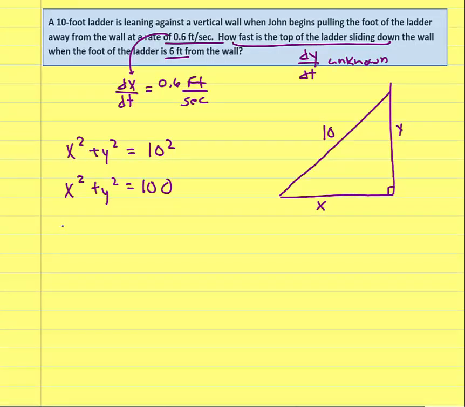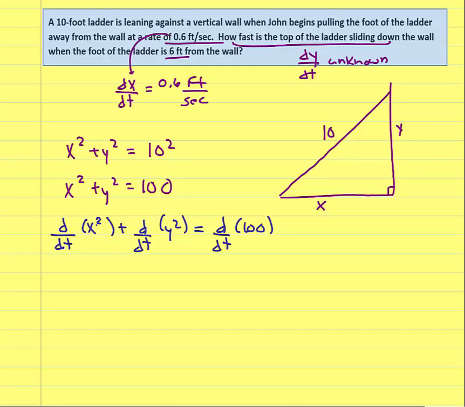So I want the derivative with respect to time of x squared plus the derivative with respect to time of y squared equals the derivative with respect to time of 100. Now really I'm just taking the derivative of both sides, but that derivative would just distribute through to the sum of x squared plus y squared.